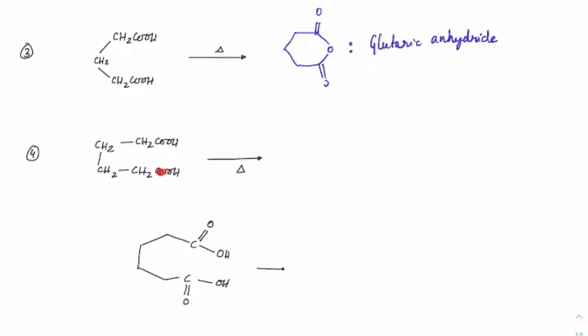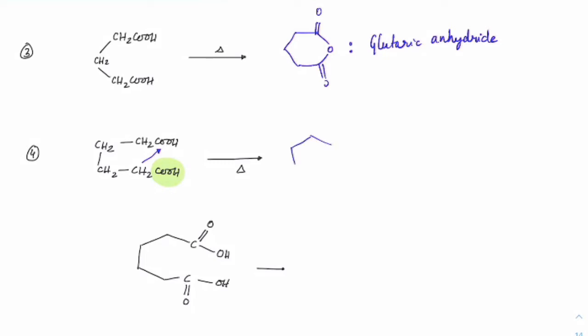Now here if we dehydrate, anhydride formation will give a 7-membered ring, which is not favorable. So instead now it will go similar to the dry distillation cases. What happened in dry distillation? This entire carbon dioxide will come out and this CH2 will get connected to this C double bond O, and that's how it will become a keto form.